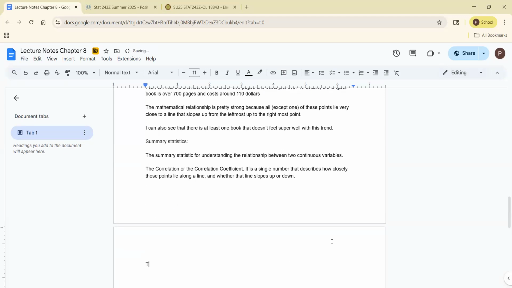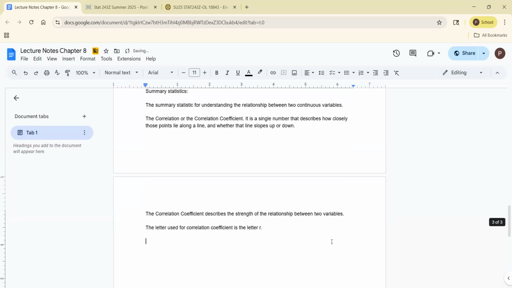Another definition is a correlation coefficient describes the strength of the relationship between two variables. The letter used for correlation coefficient is the letter r, but I will generally type out correlation coefficient or at least correlation.